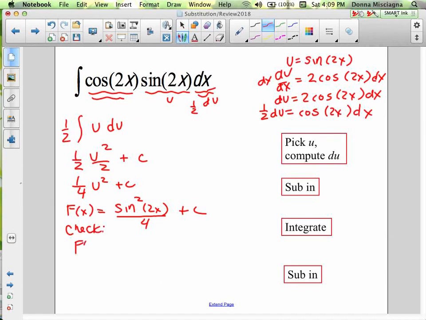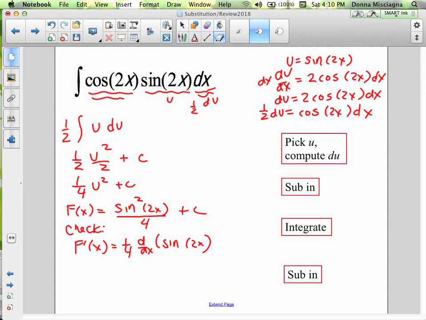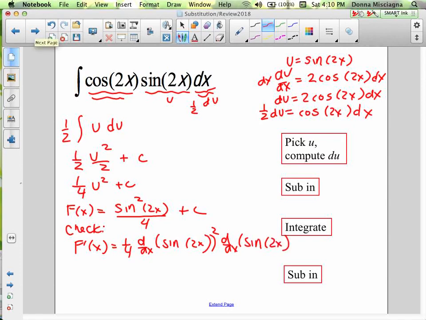All right, so f prime of x equals, right, so the 1/4, no big deal. And then we have to take the derivative of the sine 2x squared, right? So I'll put the 2 out there so no one can be confused. Right, so BLOP squared times the derivative of sine 2x, or sine blob, times the derivative of the blob.